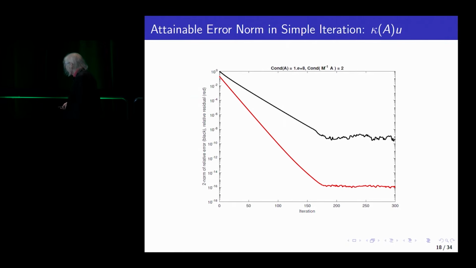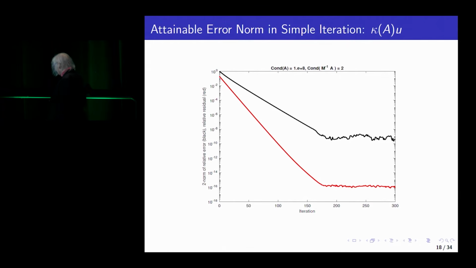This is just an example I cooked up where the condition number of a is 10 to the 8. The condition number of m inverse a is 2. And it satisfies the conditions I gave for backward stability of simple iteration. The red curve shows the 2-norm of the relative residual decreasing to 10 to the minus 16.